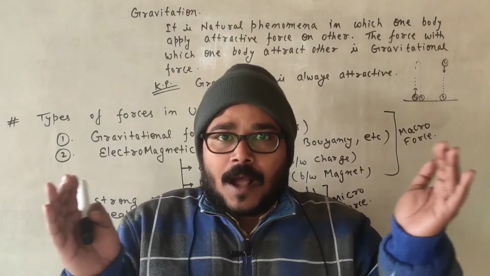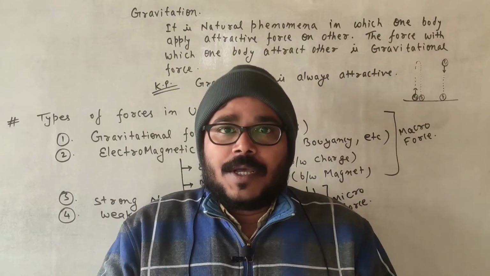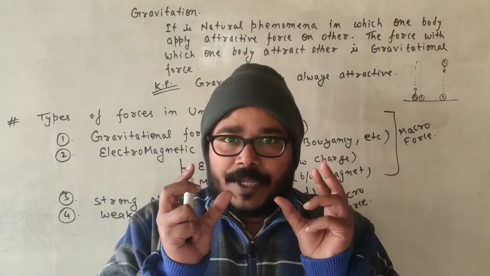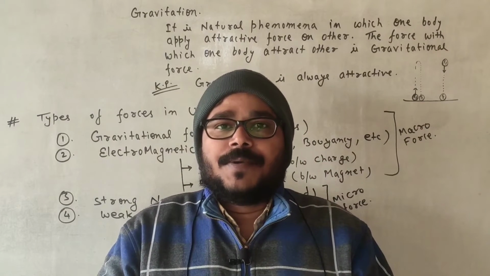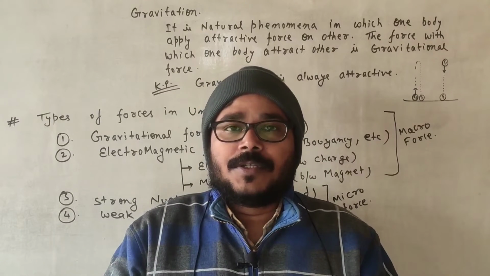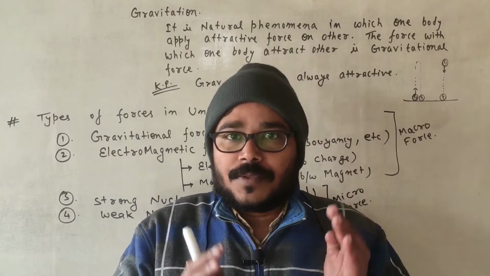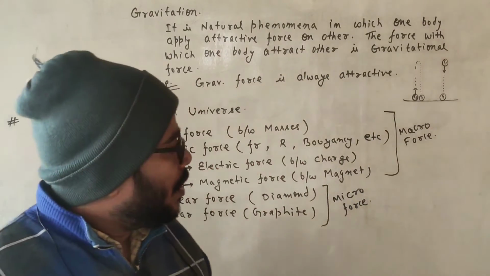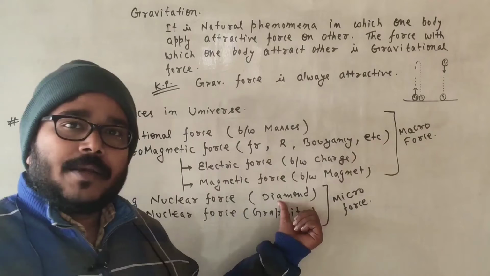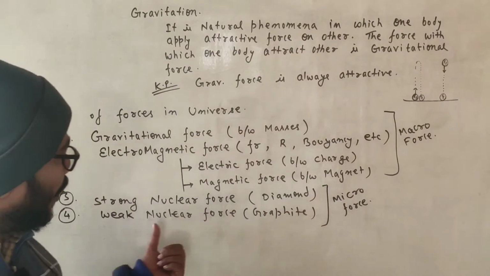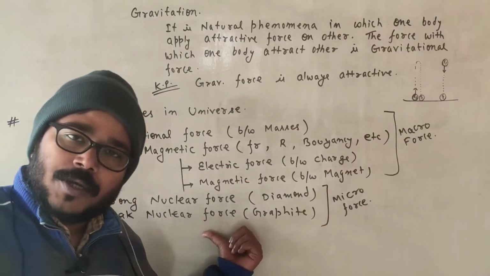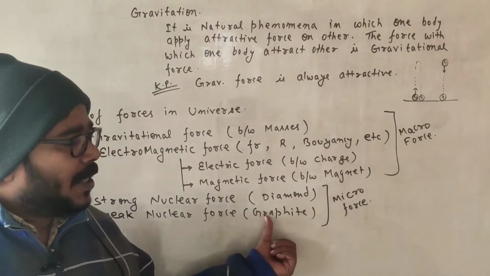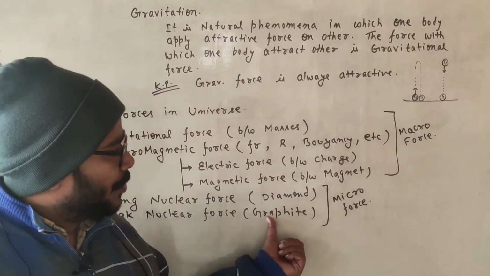Then how do protons and neutrons reside within a very small space? The reason behind this is nuclear force. If this nuclear force is strong, then we get a diamond-like material, and if this nuclear force is weak, then we get a graphite-like material.